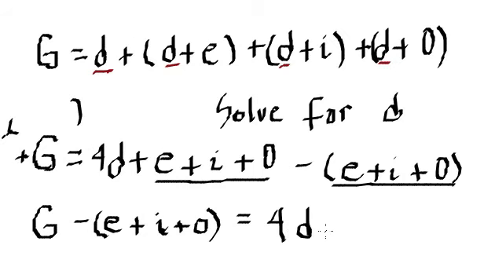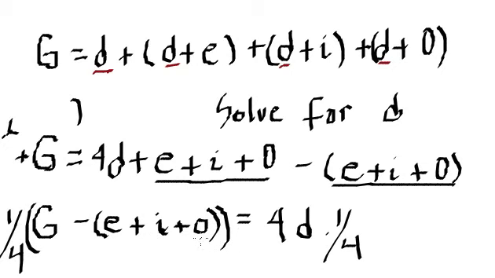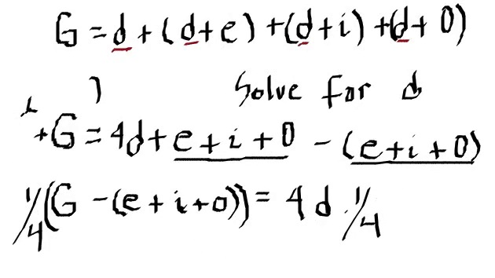Okay, now what I want to do is I want to multiply both sides by 1/4. And put a parentheses around the whole thing. So we'd have D is equal to 1/4, and as you can see what's in parentheses. Let me rewrite this.